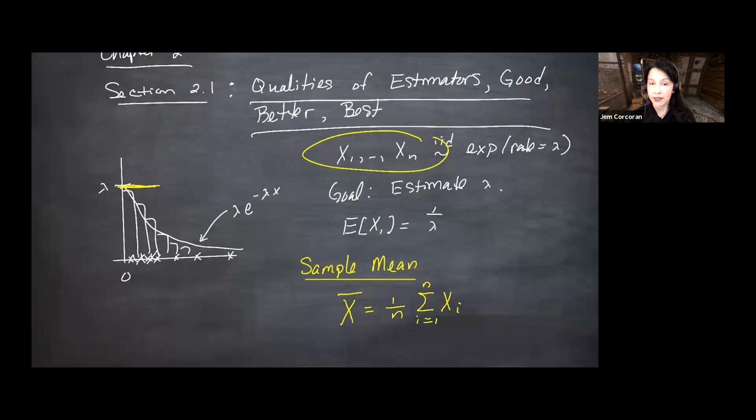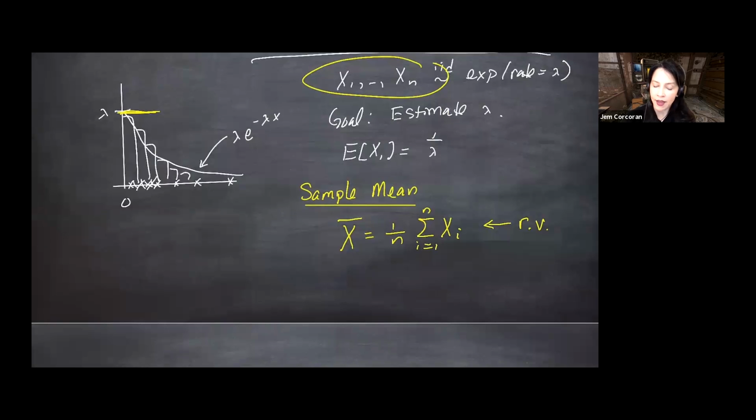And this is a random variable until you actually observe the data, and then you can get a number, right? So this is a random variable, and then you can observe little x1, little x2, so these are supposed to be actual numbers, and then you can get a little x bar, which is 1 over n, the sum of the little xi.